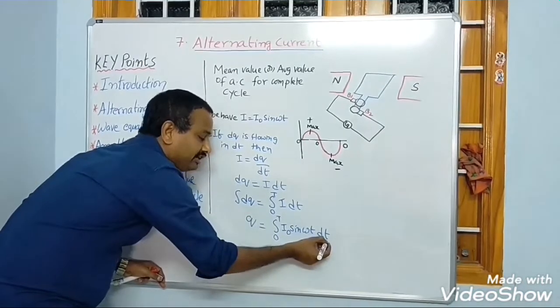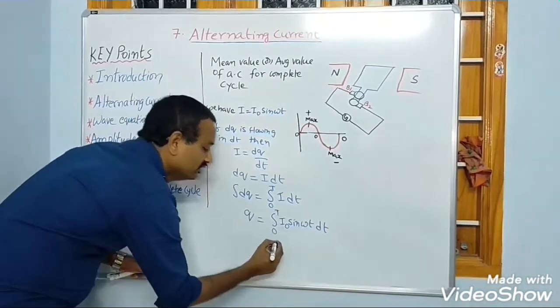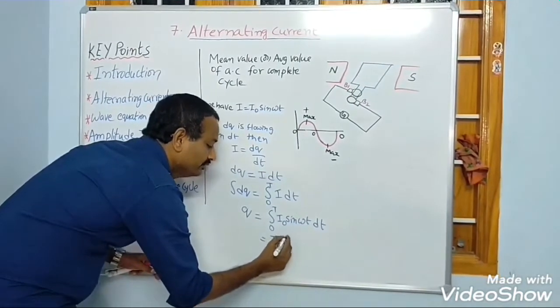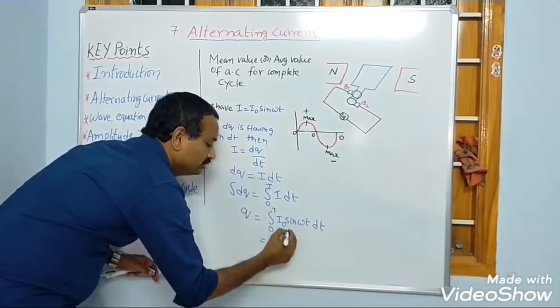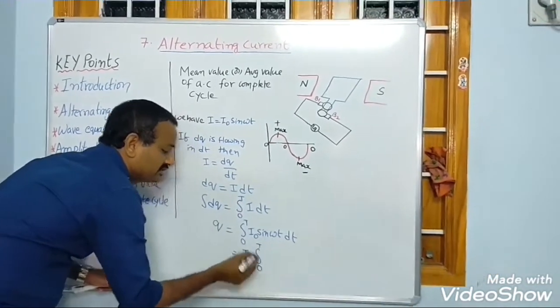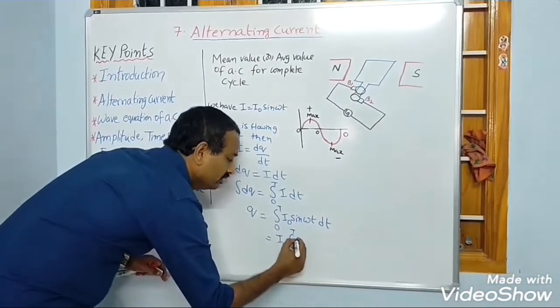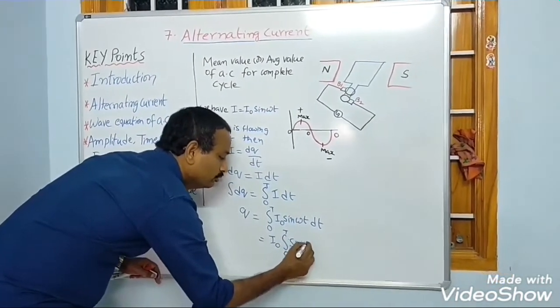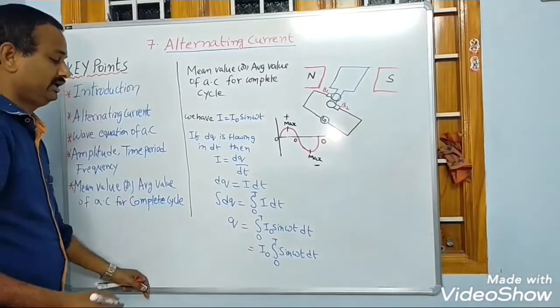With respect to dt we are doing. Here I naught is constant, I need to write outside. So I am writing outside: I naught integration 0 to T, that means lower limit 0, upper limit T, sin omega t dt.